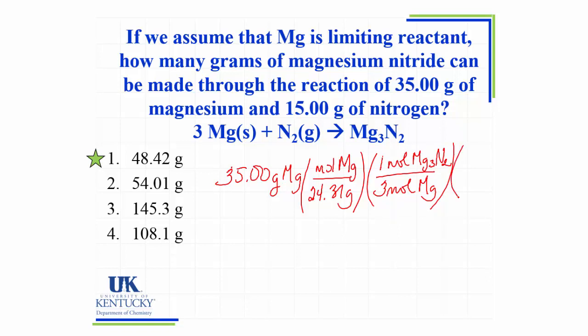And then I can use the molar mass of magnesium nitride, which is 100.95 grams per mole. From that, I can calculate the grams of magnesium nitride that can be produced if magnesium is in fact the limiting reagent. After we do the calculation, we end up with 48.42 grams of magnesium nitride.